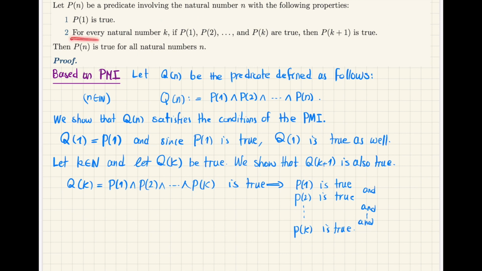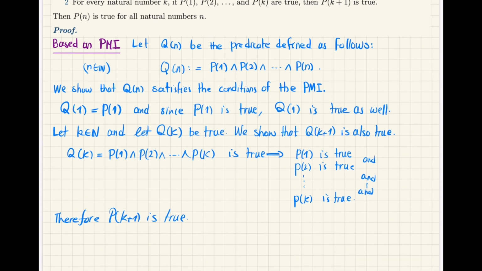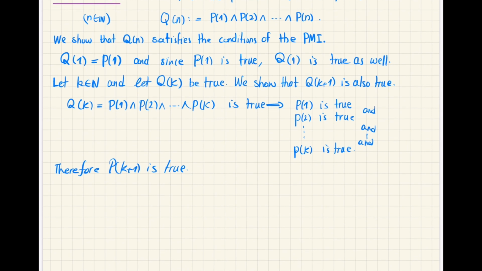So based on the second item, I can conclude that P of k plus 1 is true. Now I knew that P of 1, P of 2 up to P of k were true. Now I realize that the next one, P of k plus 1, is also true.